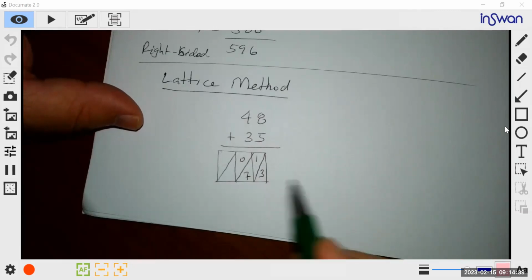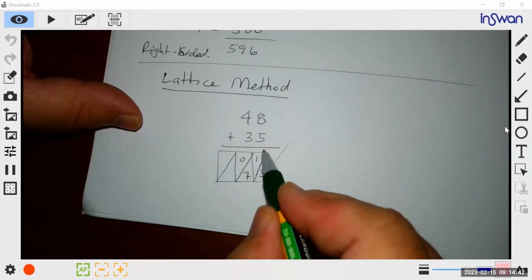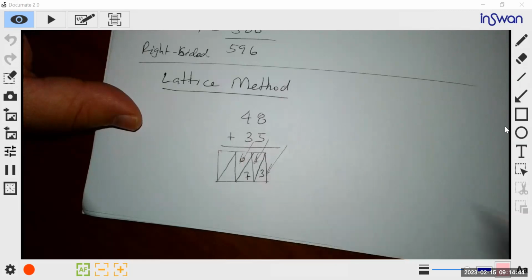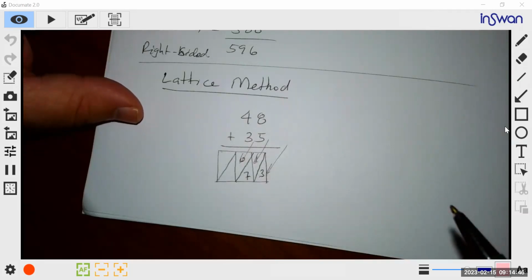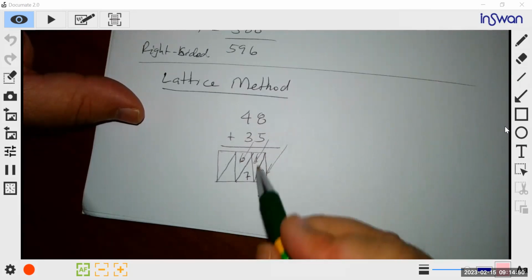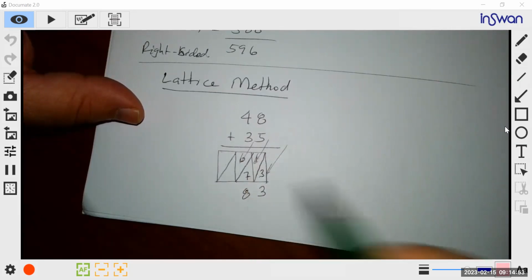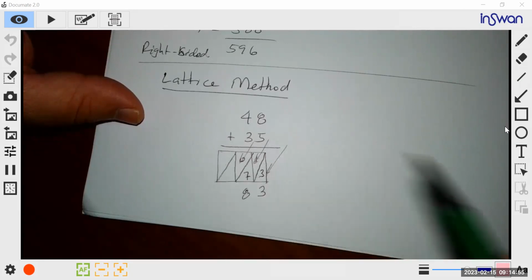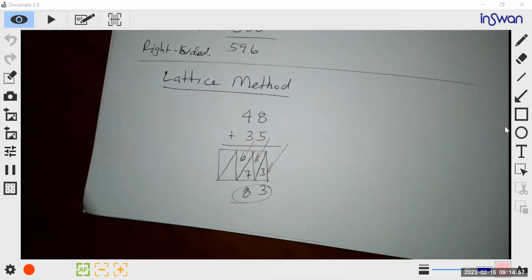To get the final answer, you add all the numbers in these diagonals. So this is a number 3. 1 plus 7 is 8, and then 0. So the answer is 83.